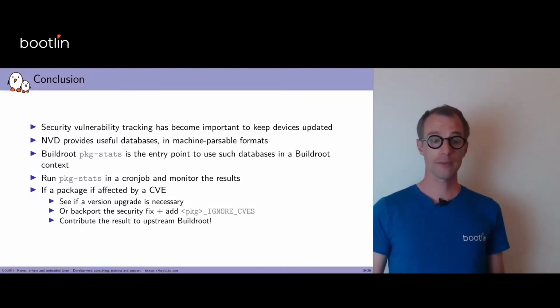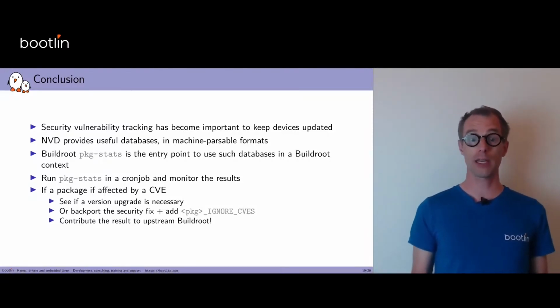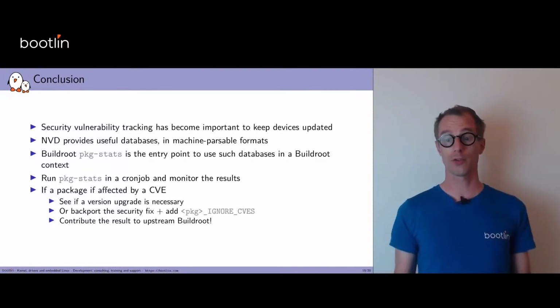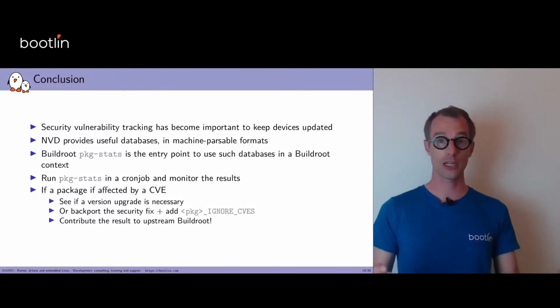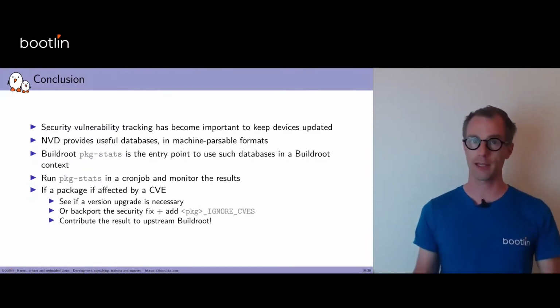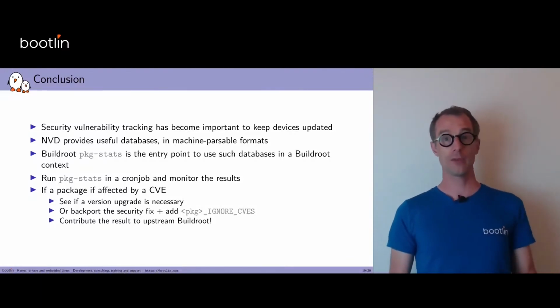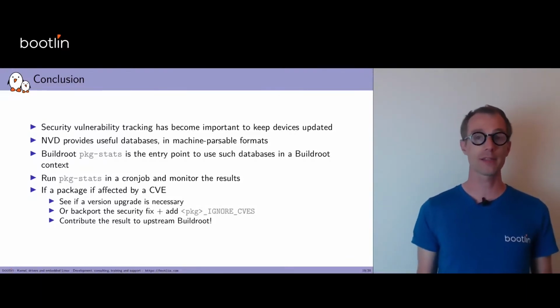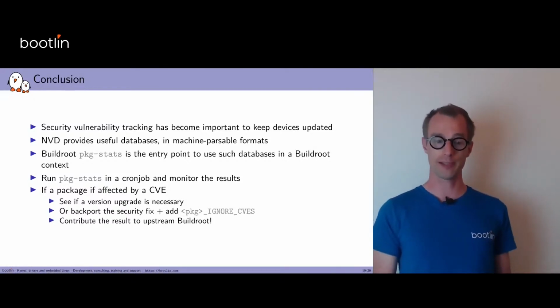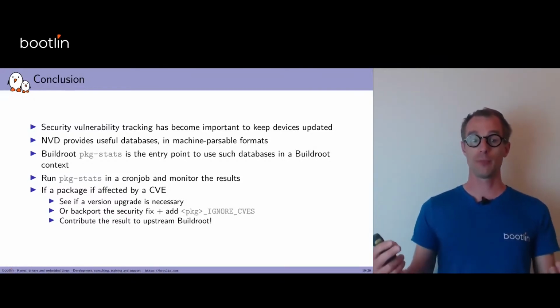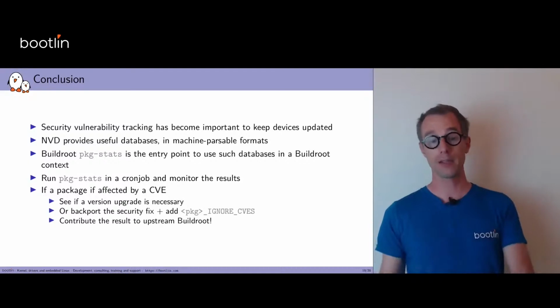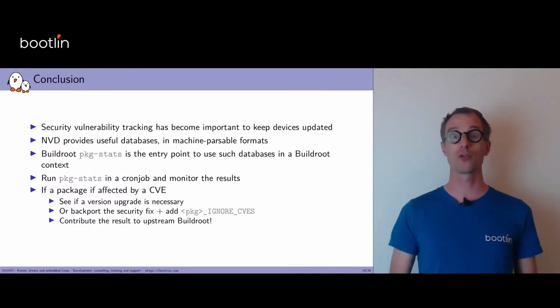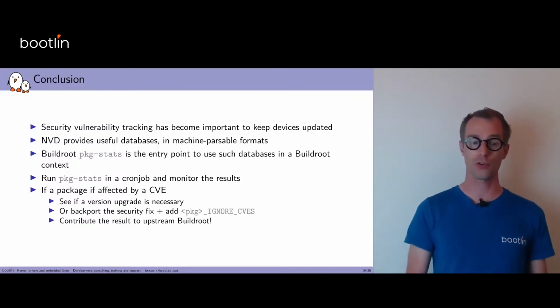So to conclude, security vulnerability tracking has become really important to keep devices updated, especially when they are network connected or generally accessible to users. NVD provides some really useful databases in nicely machine-parsable formats. And the pkg-stats tool and make target in Buildroot is the entry point to use such databases in a Buildroot context.